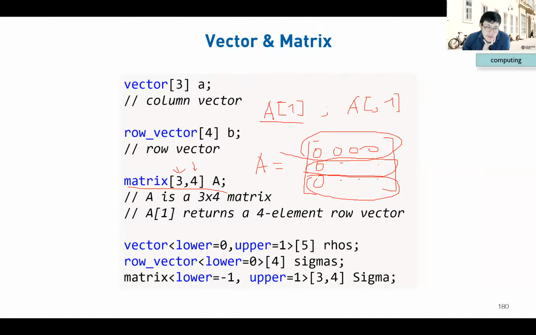If you do want to have the first column, there is a function, I think it's called col, to get the column of A, and then I want the first. This is possible, but this way of indexing, I'm not sure anymore, but back then it was not possible.